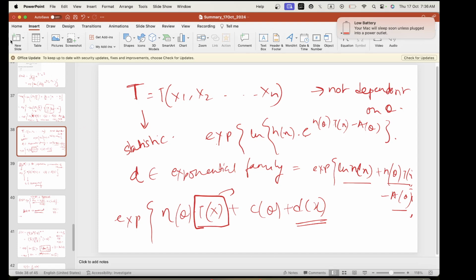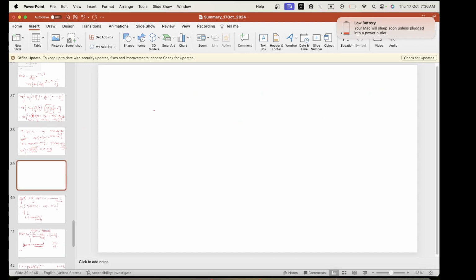And I was talking about sufficient statistics. A sufficient statistic T is one such that, given T, f of x1 to xn is independent of theta. What it essentially means is that once you have compressed the data into some condensed form, this statistic is enough to explain the distribution.